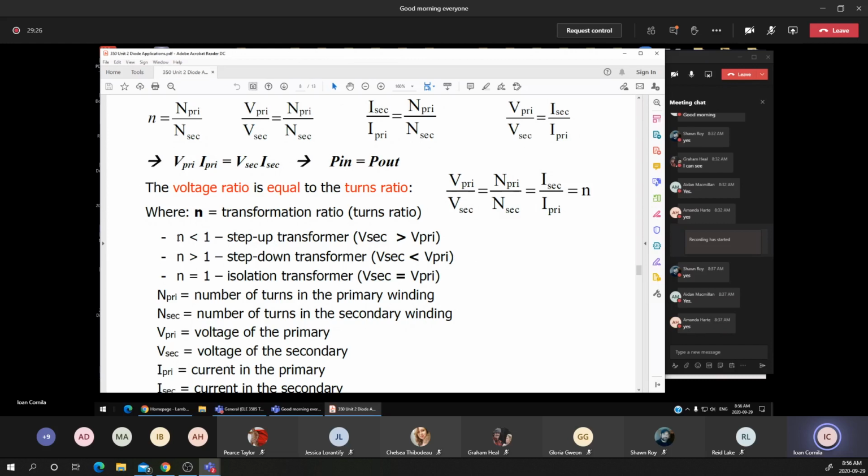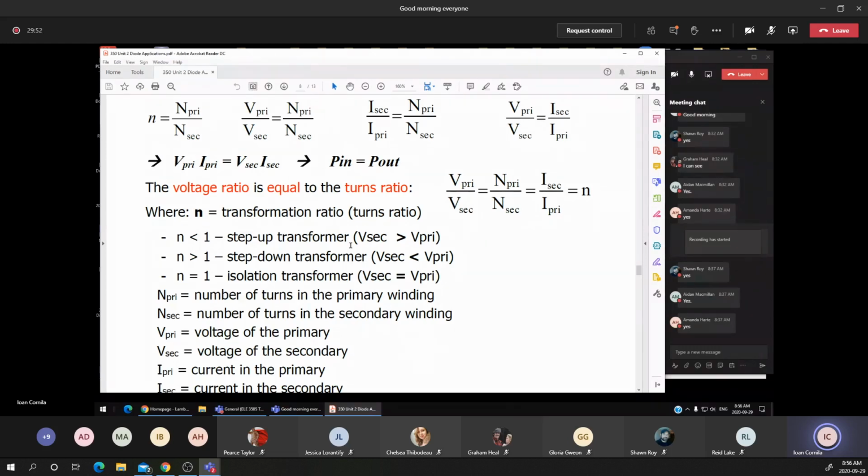Some other applications may use a step-up transformer. For example, I have a voltage source, a function generator, which has just a few volts, 2, 3, 5, 10 volts, no more than that. And in our prototype, or our circuit, we would like to raise this voltage to 50 volts or 100 volts.